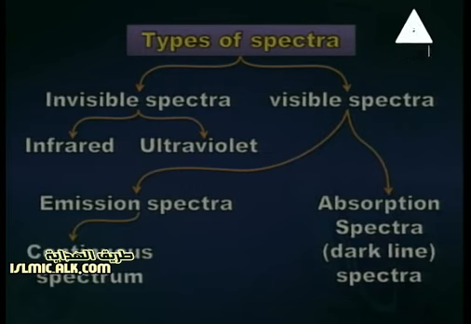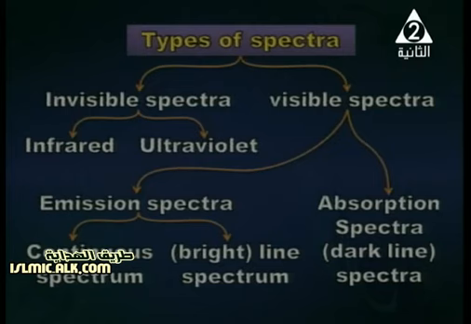And what about emission spectra? It consists of two types also, continuous and bright line spectrum. Okay, so let me say it again, talking about the different types of spectra. We've got visible and invisible. And what about the visible?